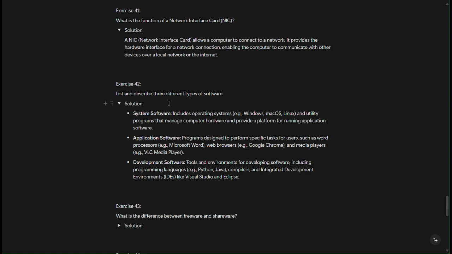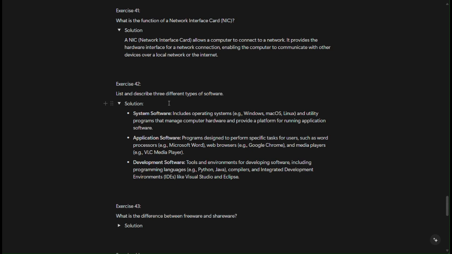Two, application software: programs designed to perform specific tasks for users, such as word processors like Microsoft Word, web browsers like Google Chrome, and media players like VLC media player.